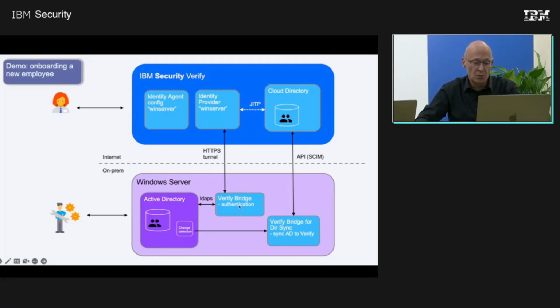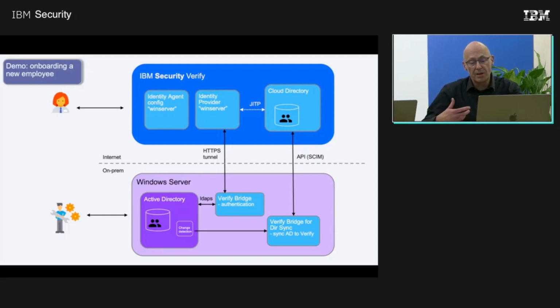So we have these two services. Let's start with the service which is called Verify Bridge, and which is effectively connecting to the Active Directory using the LDAP protocol. And in this way, it can provide authentication. It can also read other attributes, of course, other than the password from the Active Directory.